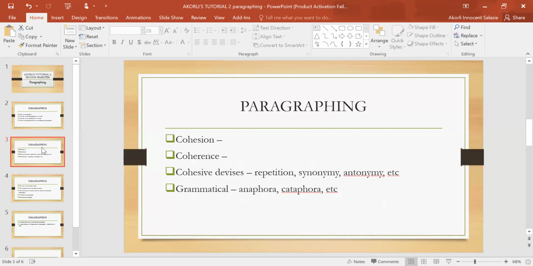Then to the reader, because the ideas are placed in such a way that one idea is expressed in one paragraph, it gives the reader the opportunity to read smoothly and see how your text is well organized.